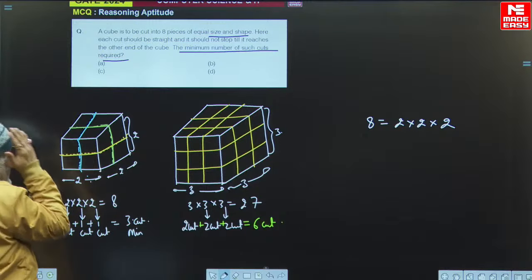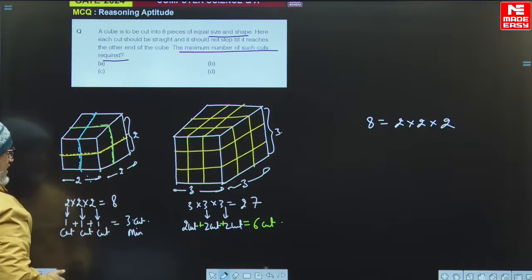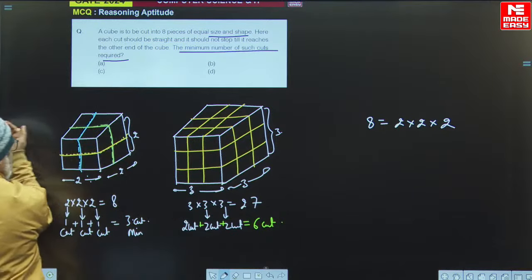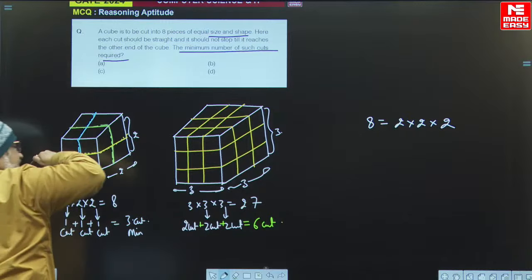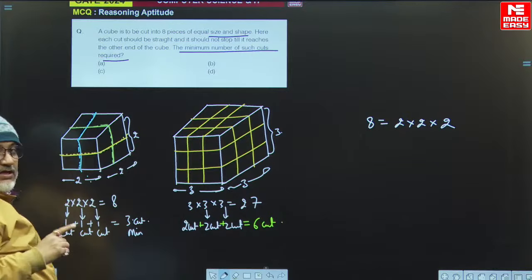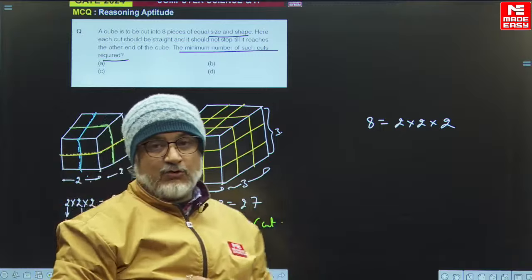The length has been completely cut through, the width has been cut up till here, and the height has been cut completely. So 2 into 2 into 2 will come out to be 8.